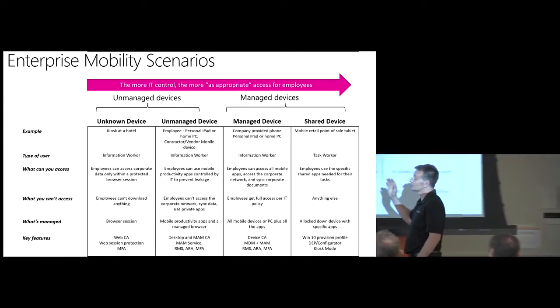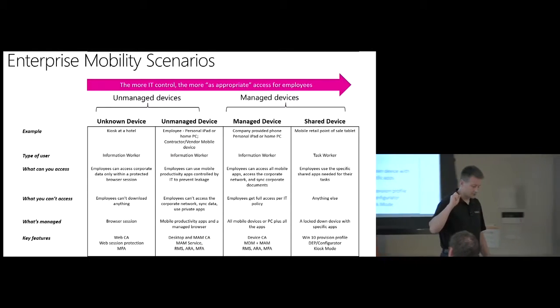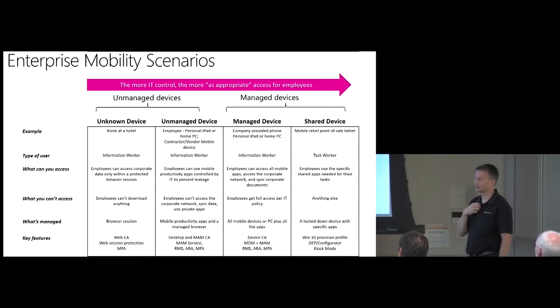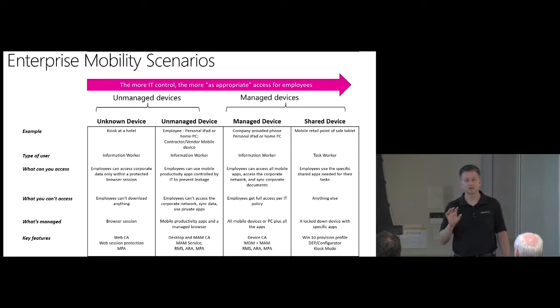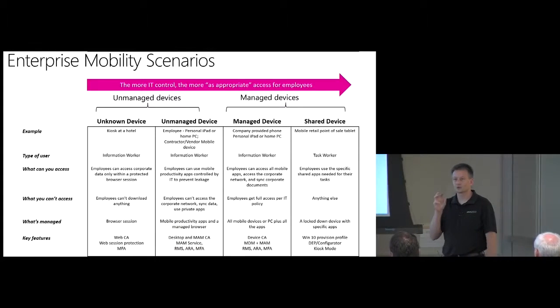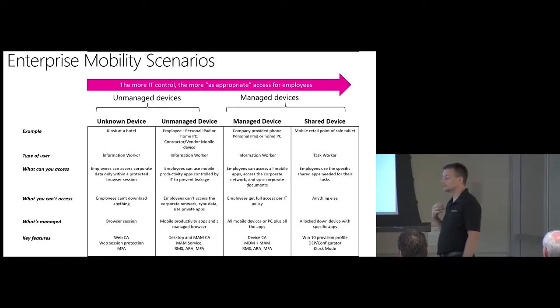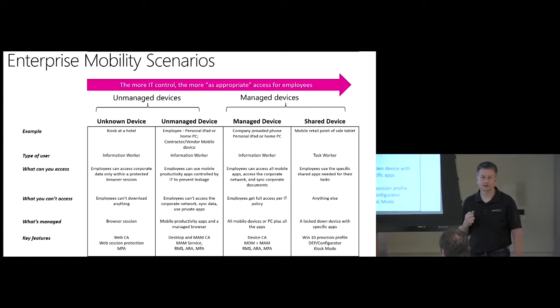When you start moving to an unmanaged device, it gets a little trickier, because research has shown us, not by ourselves, but by folk like Gartner, that there's a big scary screen when you enroll a device into management that says, if you enroll into device management, the company will be able to wipe your machine. Their research has shown that users 50% of the time will bail out of that.